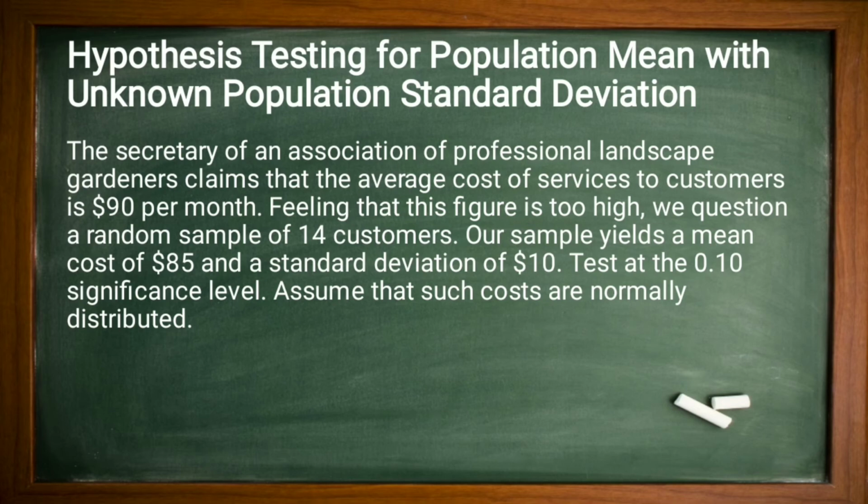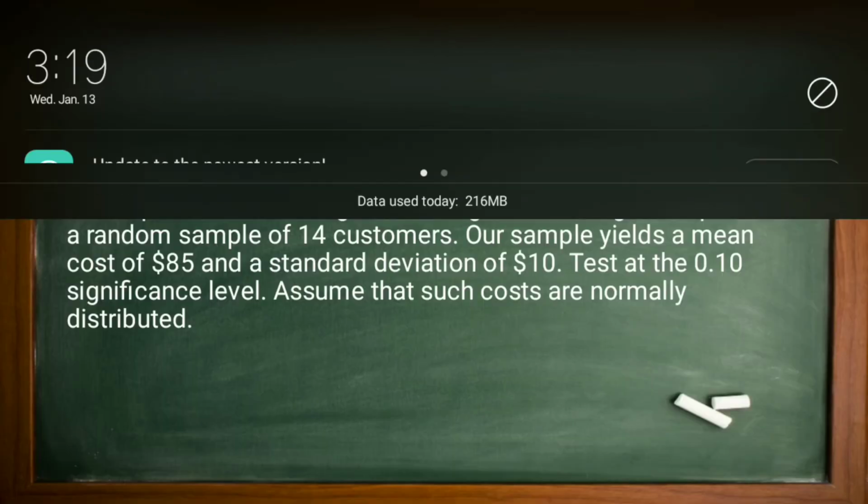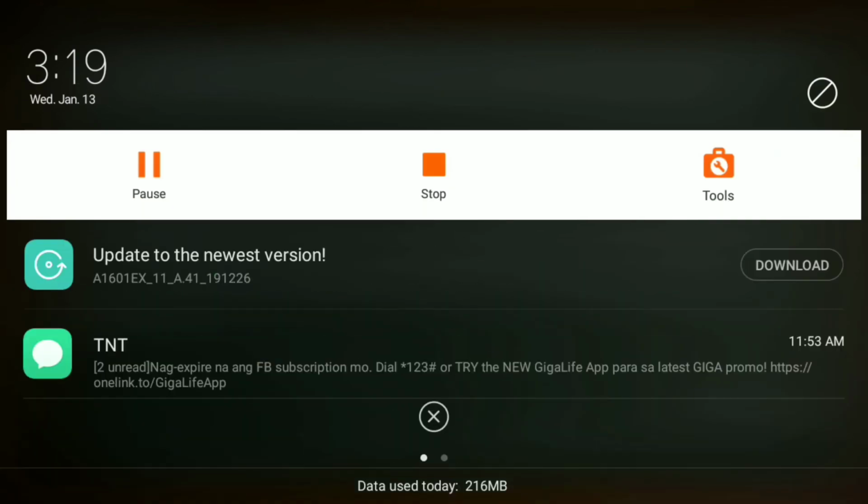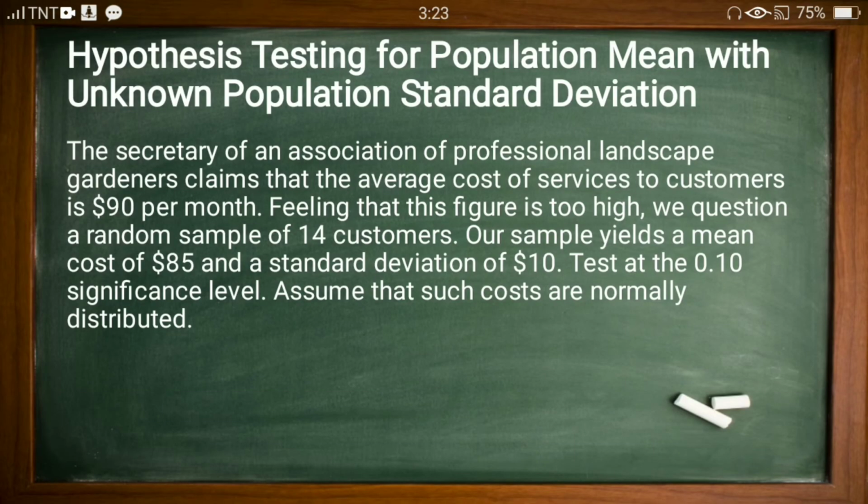Feeling that this figure is too high, we question a random sample of 14 customers. Our sample yields a mean cost of $85 and a standard deviation of $10. Test at the 0.10 significance level. Assume that such costs are normally distributed.